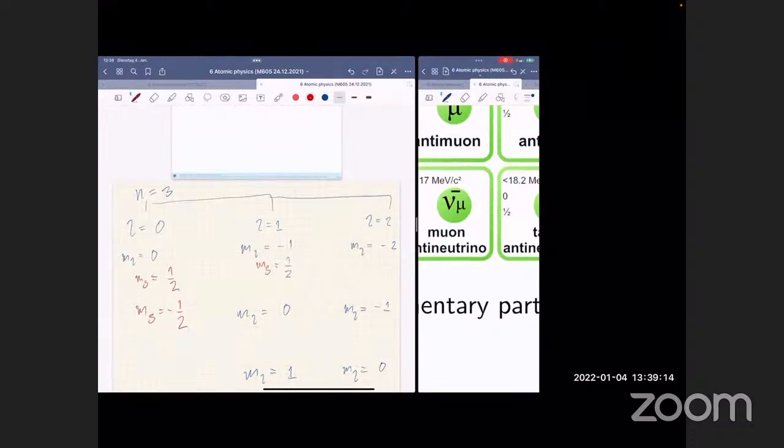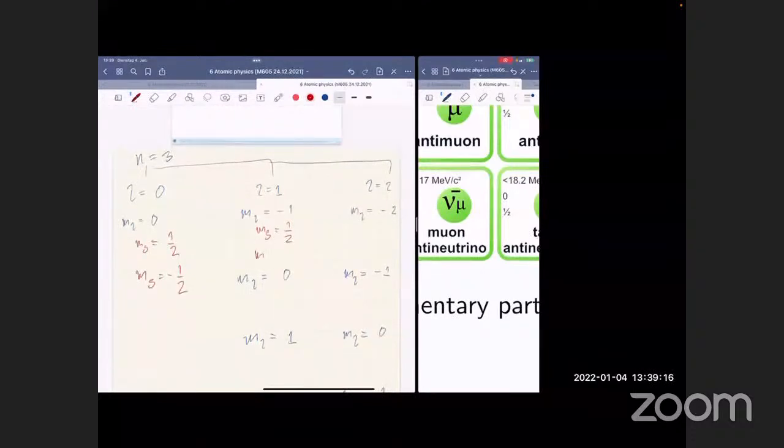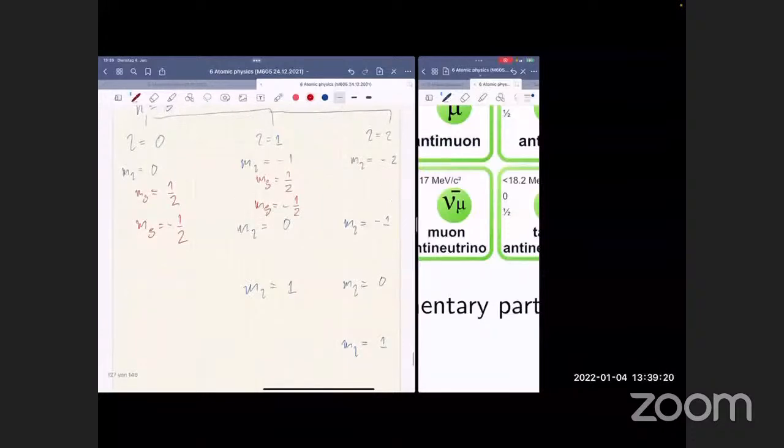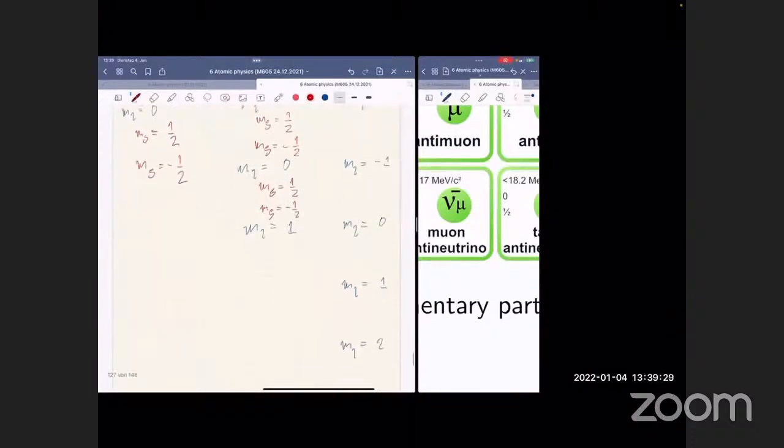S is 1/2. So MS could be again -1/2. And here you have MS equal to 1/2, MS equal to -1/2. All right.